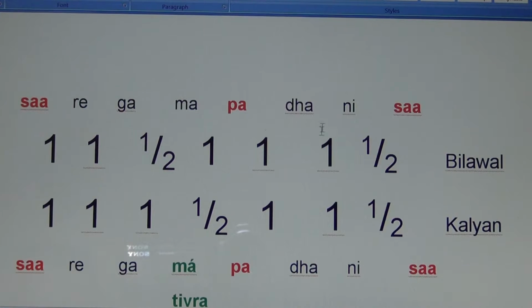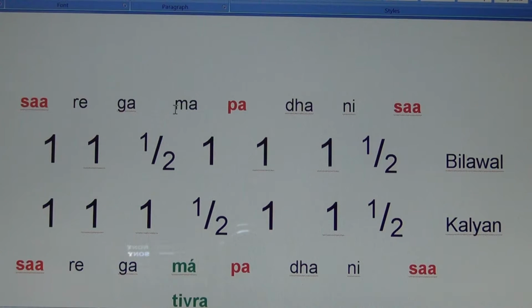Now let's compare that with Thaat Kalyan. We have, of course, Sa, then from Sa to Re is the same, Re to Ga. Now Ga, Ma, we have half in Bilawal, a half note, but here we have a full note. So this is what happens.